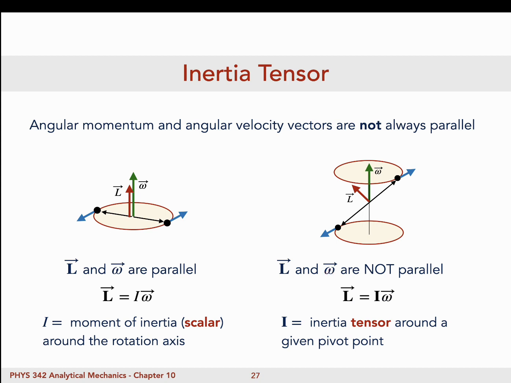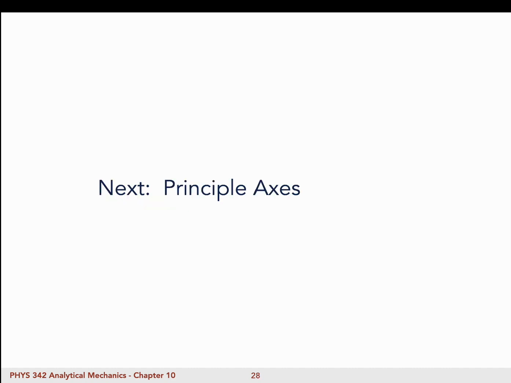If L and omega are not parallel, you've got to replace that rotational inertia scalar with the inertia tensor that we've been talking about in this lecture. Okay, so in the next lecture, we'll talk about principal axes, which are special coordinate systems that diagonalize the inertia tensor. And those have special properties when you actually have something that's actually rotating in space.